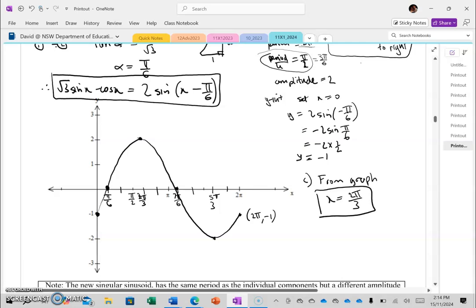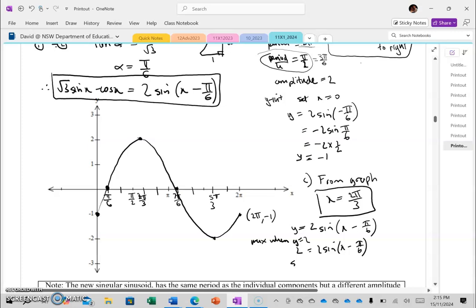Imagine you didn't have a graph. How could you do this question? Well, you would go back to your rule and you would go, the max value of this is going to be 2 because the amplitude is 2 and the center is 0. So max when y is 2, so you get 2 equal to 2 sine x minus pi on 6.